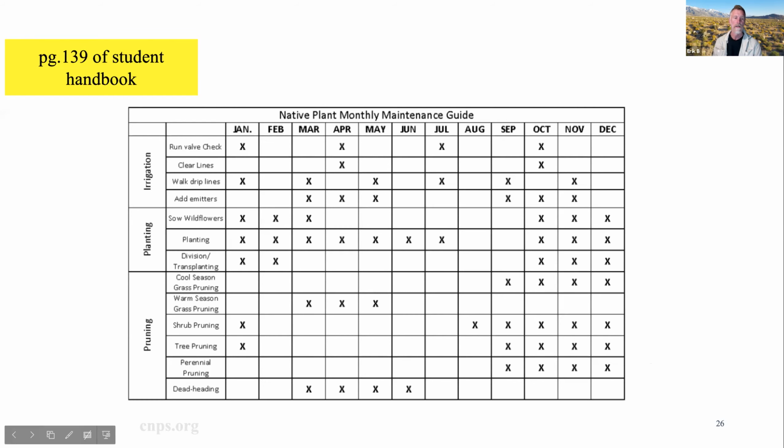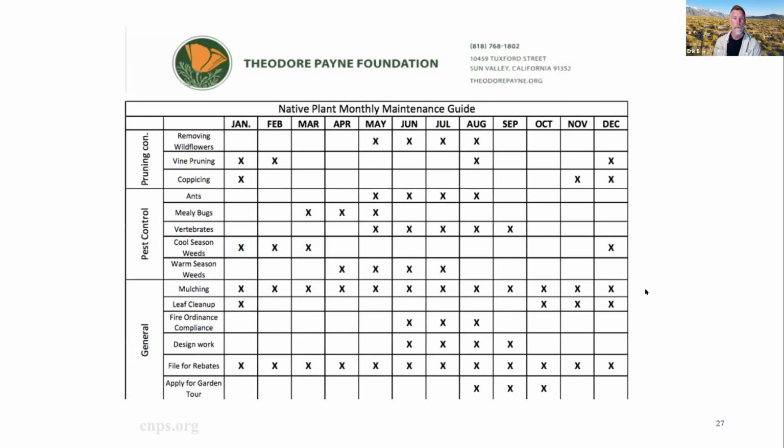Of course, the whole pruning thing has to do with the goal of the garden and the plants that are in it. We talked a lot about that last week. Then you get into pruning. Part of it is removing the spent wildflowers, which takes some time.